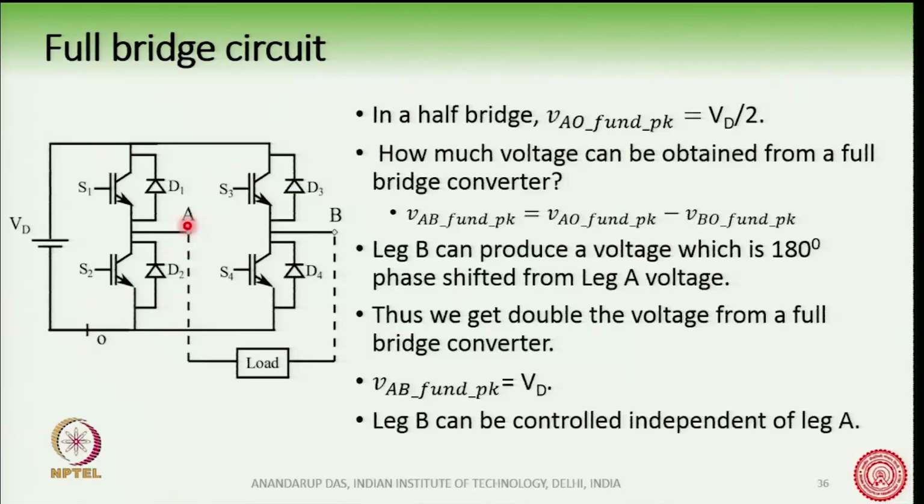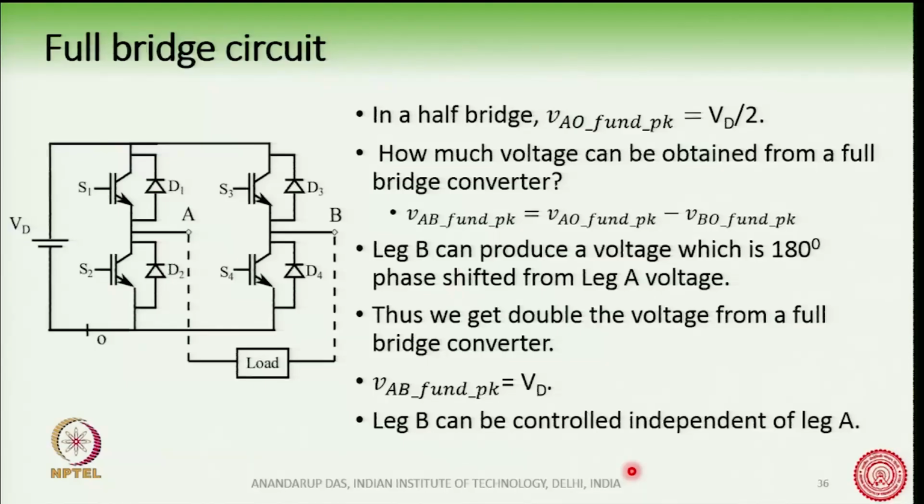In a full bridge we introduce one more leg here, and these two legs are independent of each other. They do not know about each other. So, leg B can be controlled fully independently of leg A.